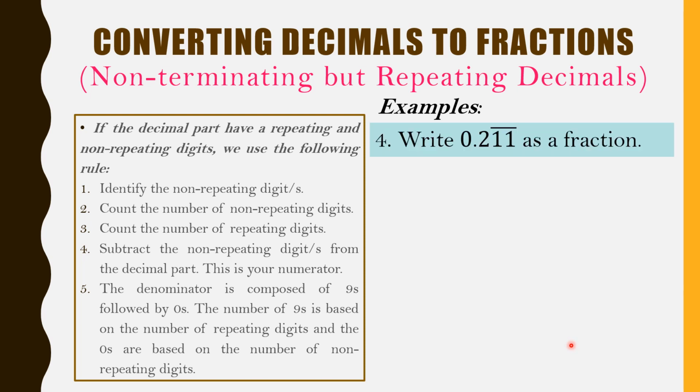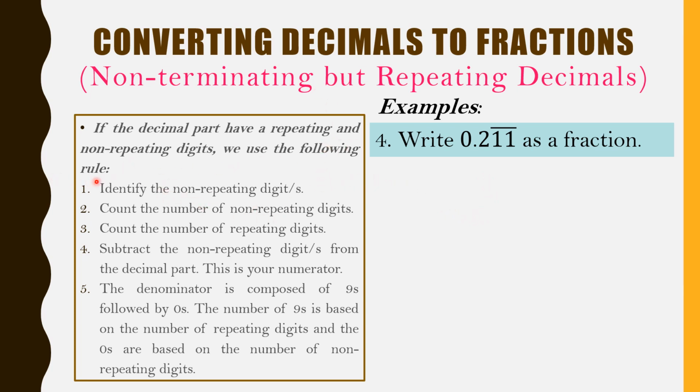Another example, so we have this, but this time we have a digit that is not covered by the bar. It means that only 11 here is the repeating decimal. So how are we going to write that as a fraction?